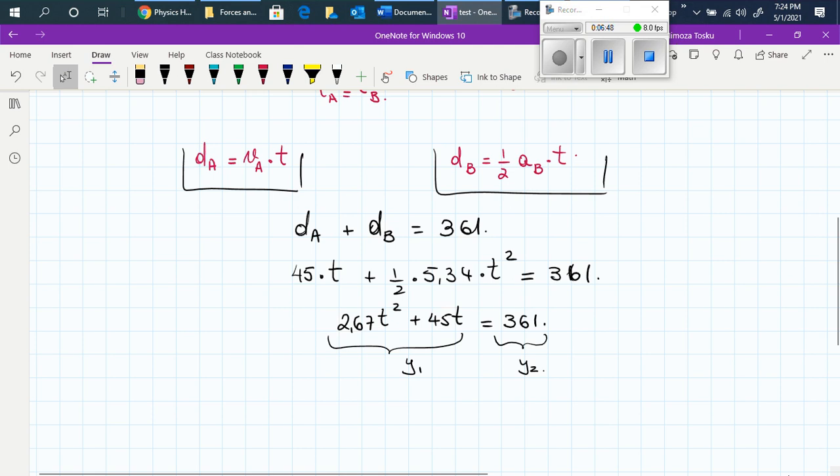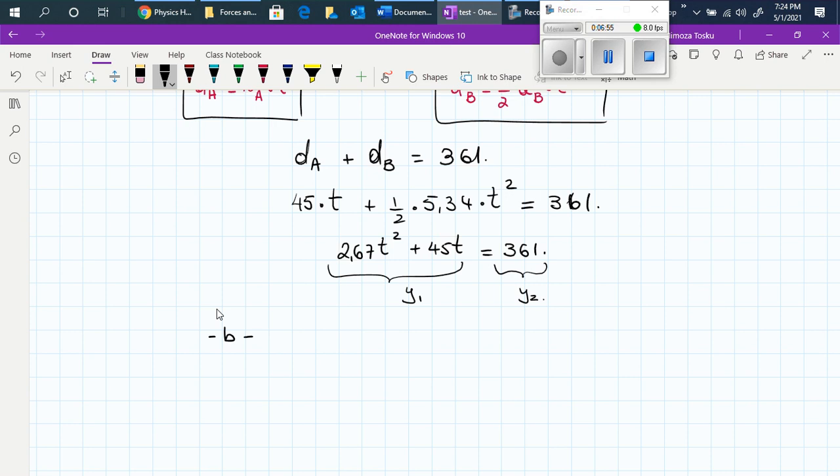The formula is negative b plus or minus the square root of b squared minus 4ac, the whole thing divided by 2a, where a is the coefficient of the variable squared, b is the coefficient of the variable to the power of 1, and c is the free coefficient.